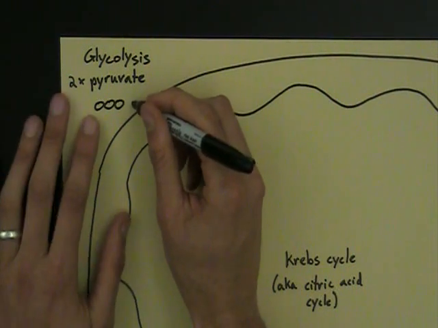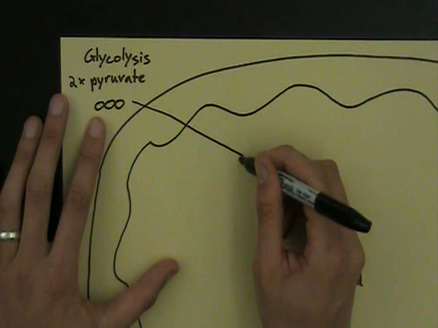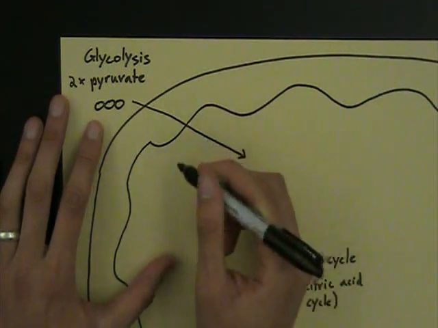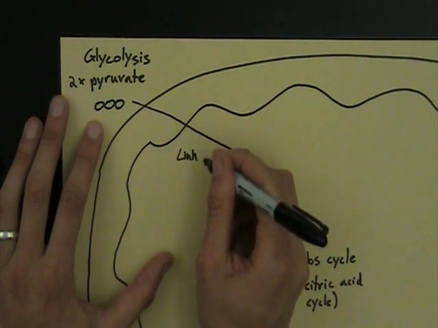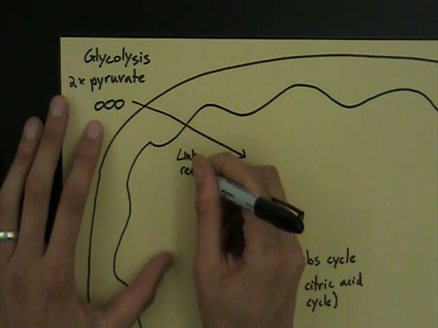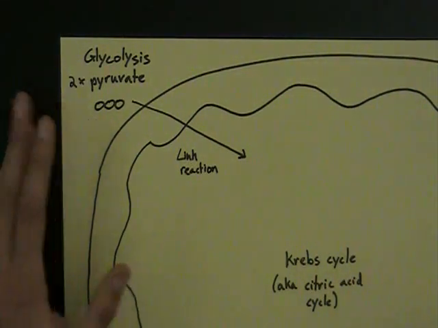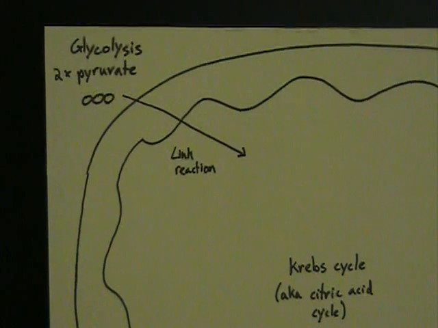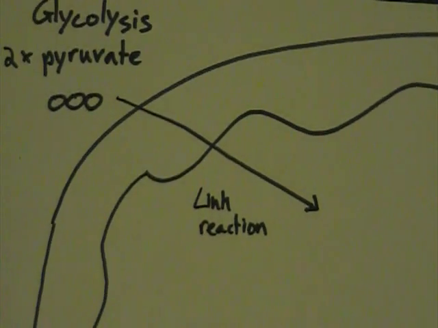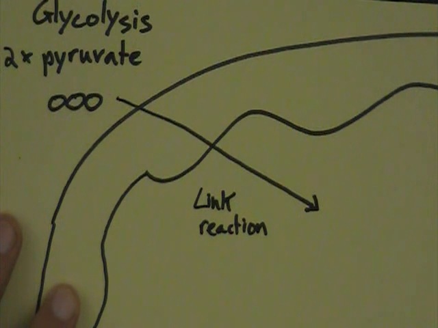Before they get there though, they take part in another reaction called the link reaction. And the link reaction is basically a way of transporting the pyruvate in and getting a little bit of energy out of it as we do so.